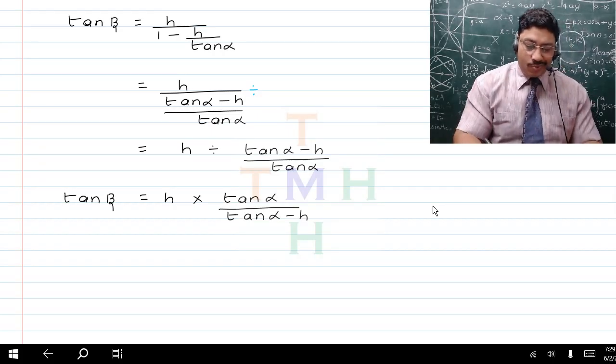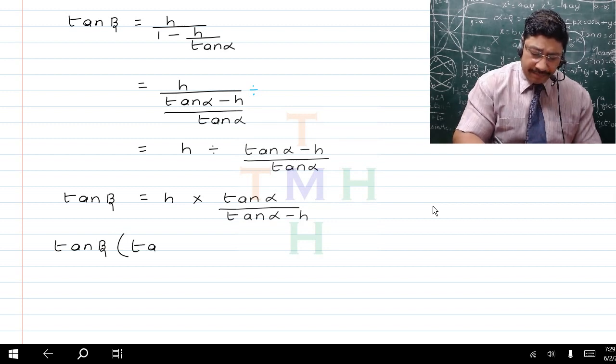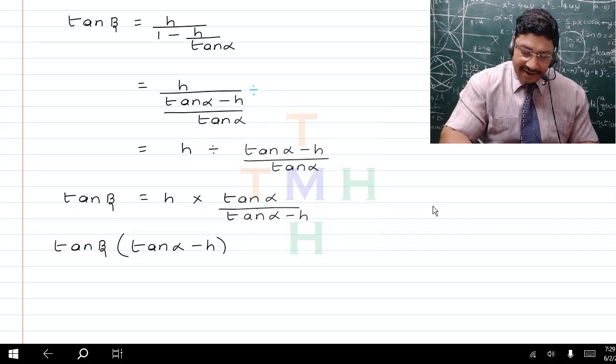Now we are in a position to cross multiply. As such, we now have tan beta multiplied with tan alpha minus h, and on the right hand side we have h multiplied with tan alpha.